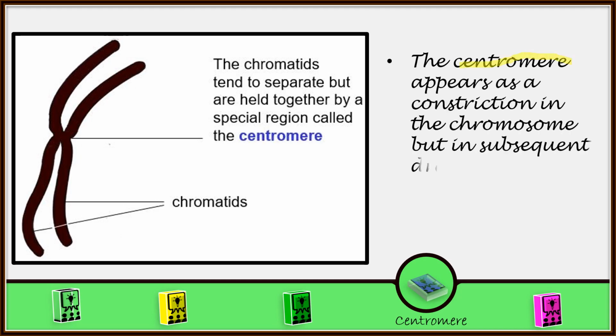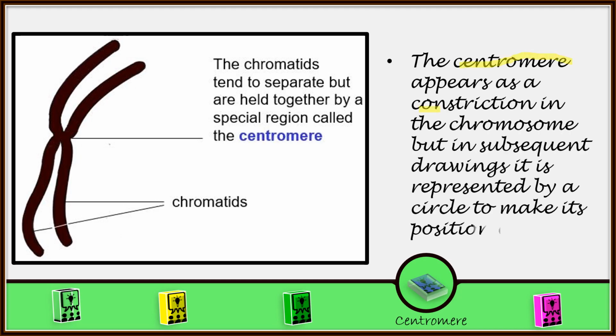The centromere appears as a constriction in the chromosome, but in subsequent drawings, it is represented by a circle to make the position clear. So this point here in the middle, where the two chromatids are held together, that constriction, is what we call the centromere.